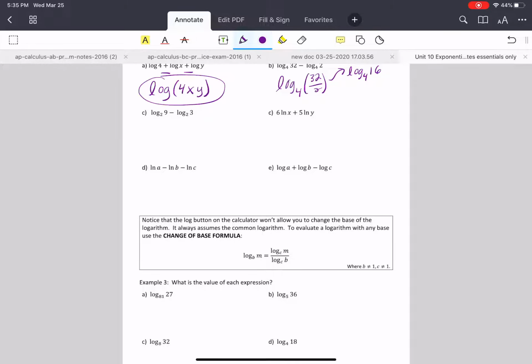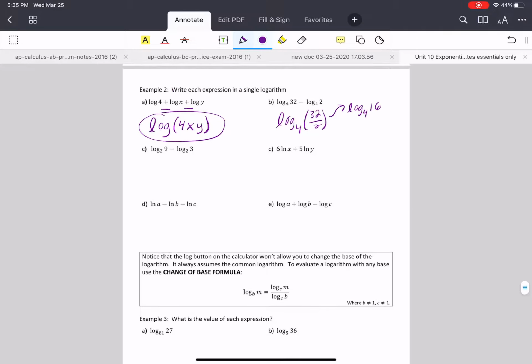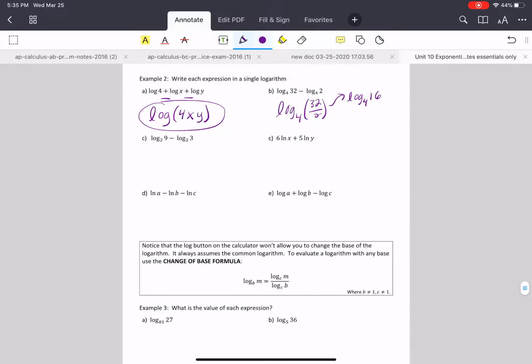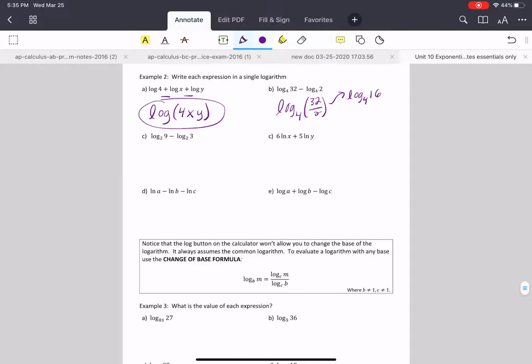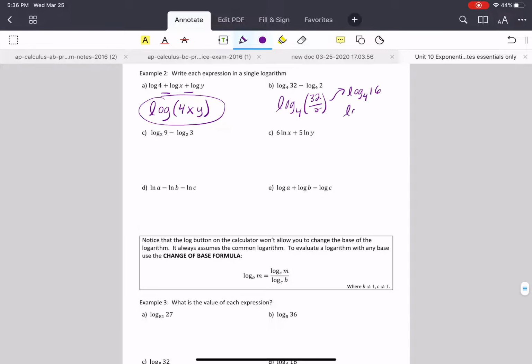Now this one's going to take an extra step this time, because 4 squared is 16, so this one evaluates and simplifies nicely. So log base 4 of 4 squared, and so the answer is 2. Again, one more time, remember that a log is the exponent. What exponent do I put on 4 to get to 16? Well, that exponent is going to be 2.